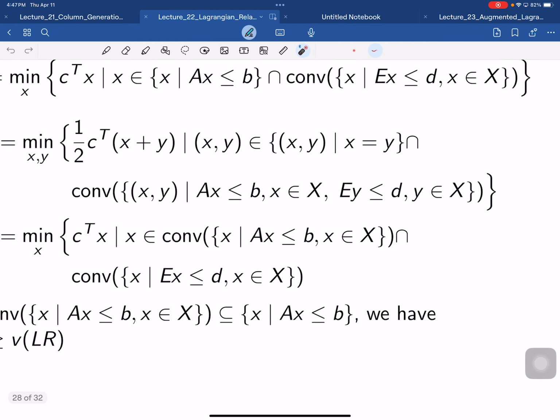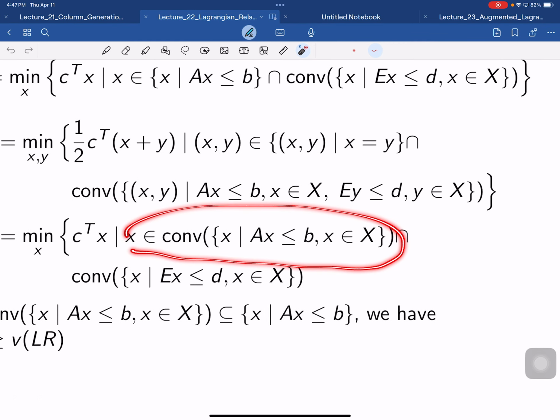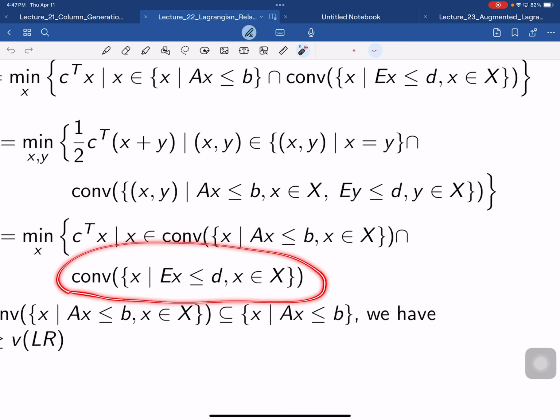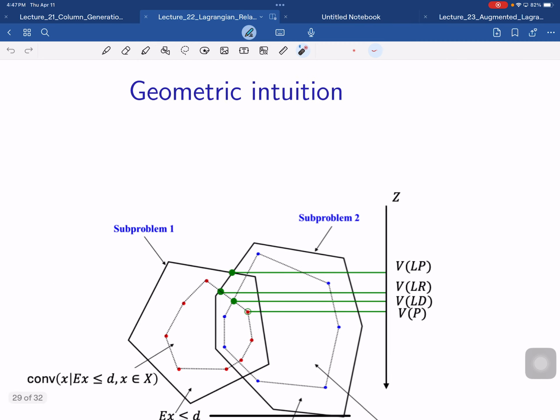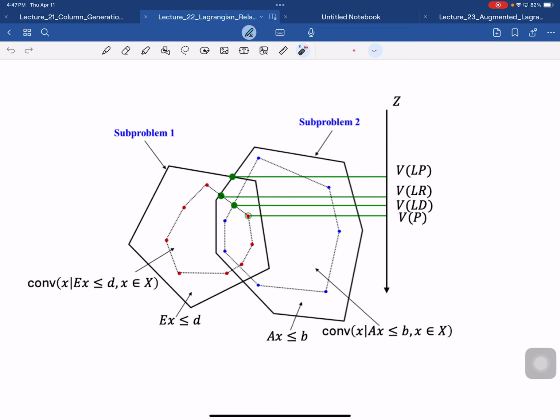It's just the intersection of the first convex hull and the right-hand side convex hull. Right, so that's the Lagrangian decomposition, and the original problem solution has to be an integer point, which is this point here. So that shows you a kind of hierarchy of bounds from LP relaxation, Lagrangian relaxation, Lagrangian decomposition to the original problem. Okay.